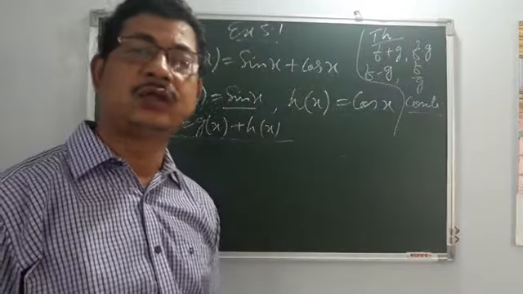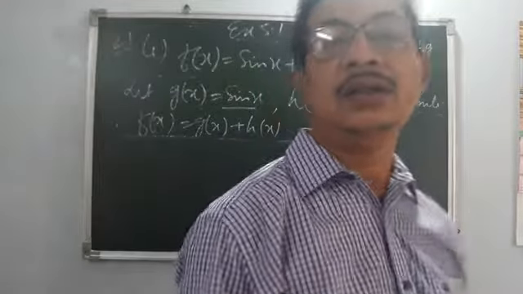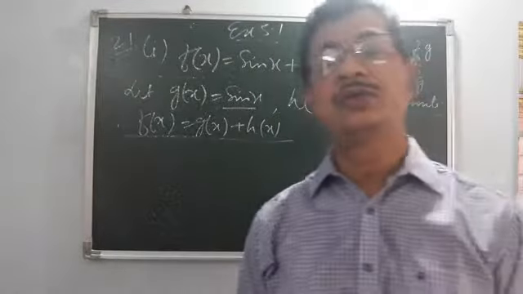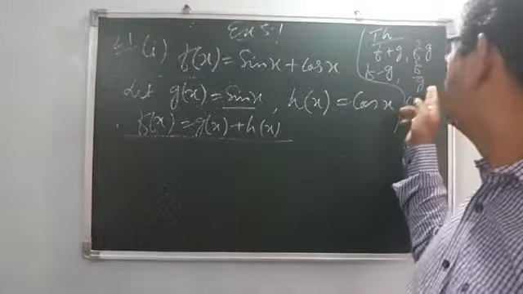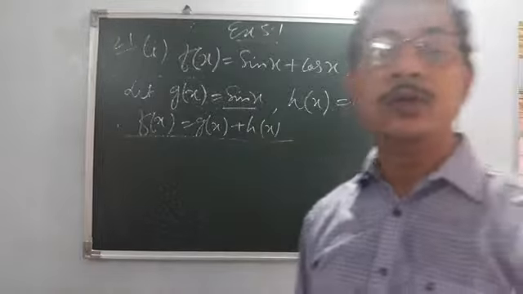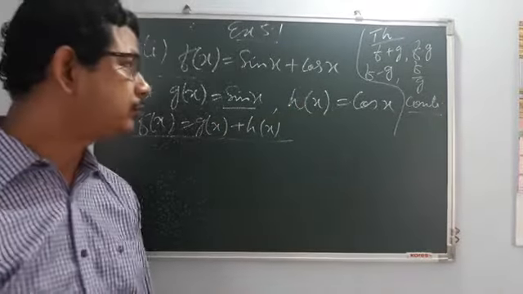That is, if two functions are continuous, then their sum, subtraction, product and division are continuous. The only thing you have to remember is that the denominator should not be 0.